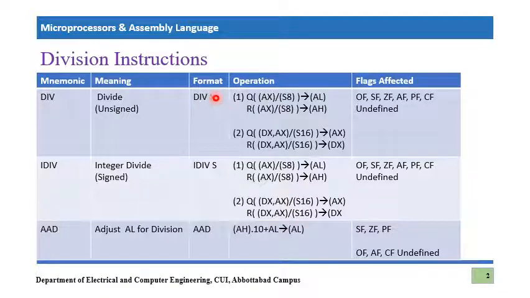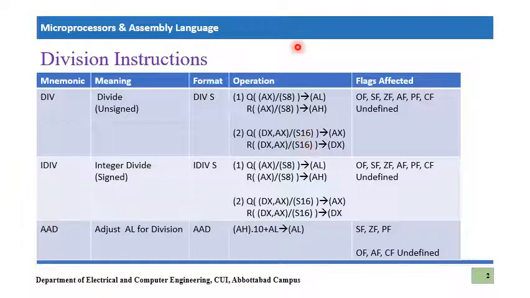So let's see what the operation is. We have two cases here. In the first case, the source operand is 8-bit, and in the second case, the source operand is 16-bit. As we know, when we divide, there will be two things: one is called the quotient and the other is called the remainder.